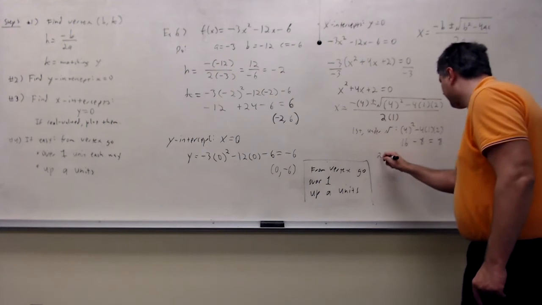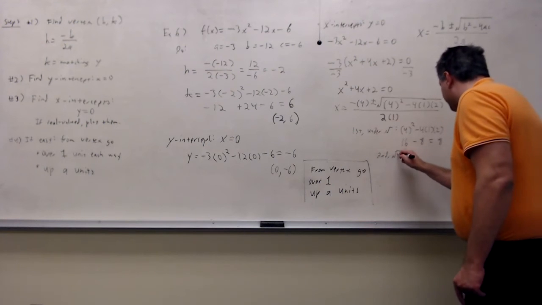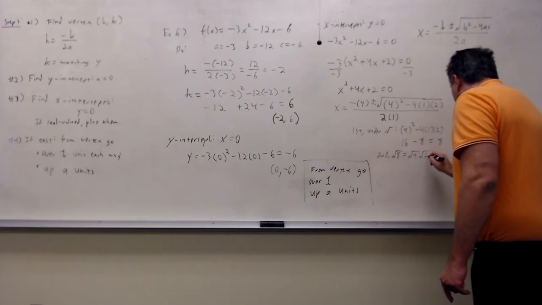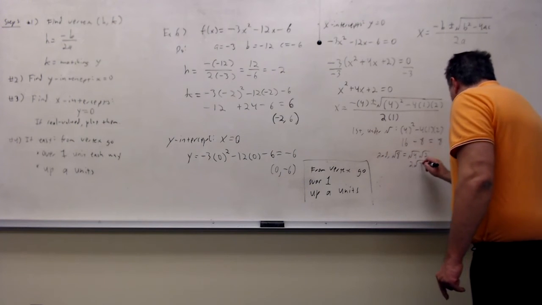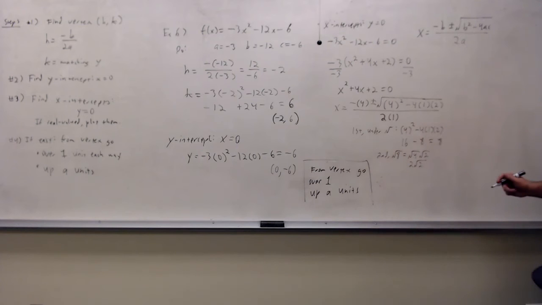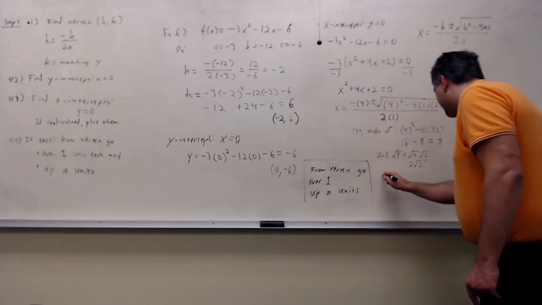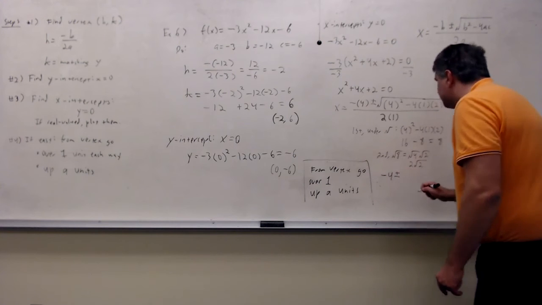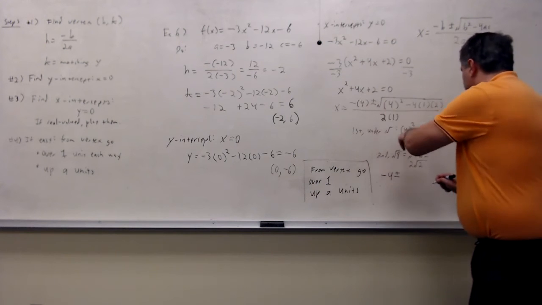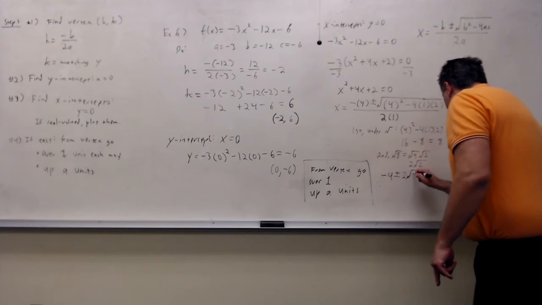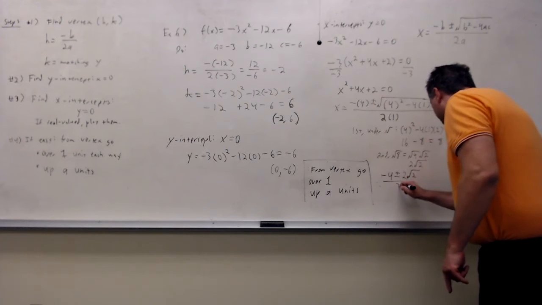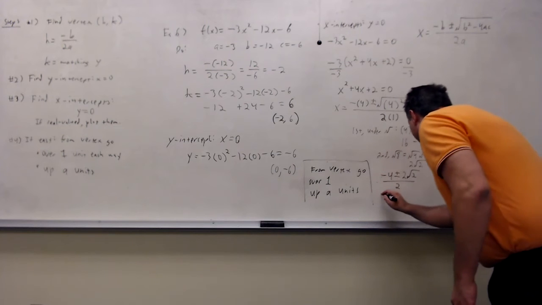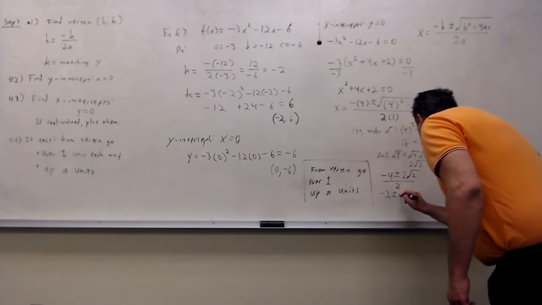Second, square root of 8 is square root of 4 times square root of 2, gives me 2 square root of 2. So negative 4 plus or minus 2 square root of 2 over 2 gives me negative 2 plus or minus the square root of 2.